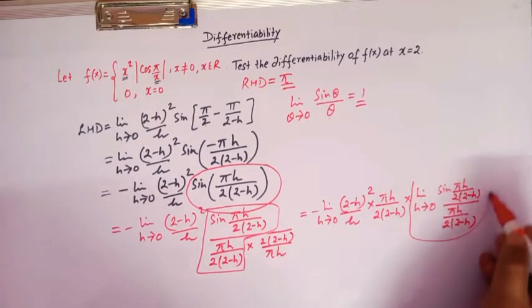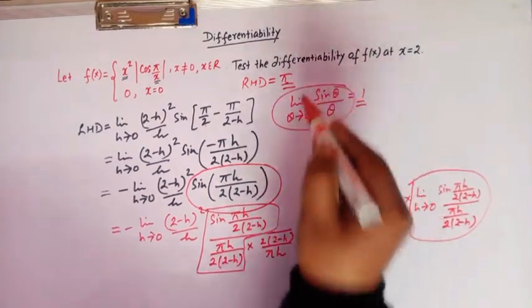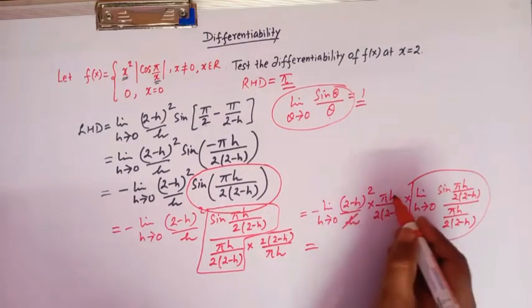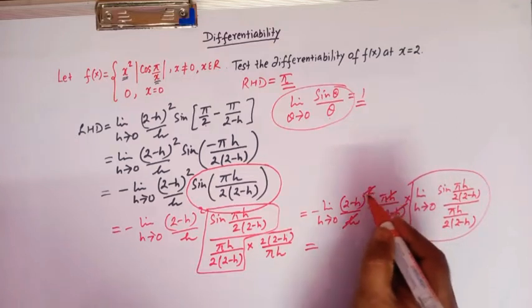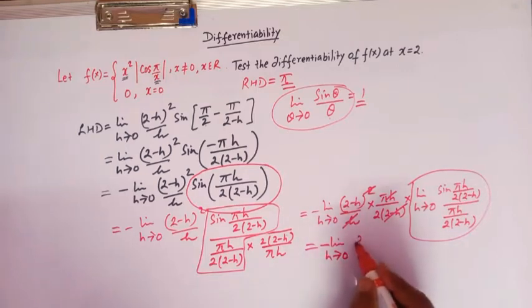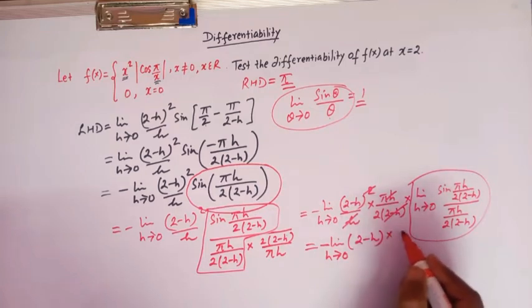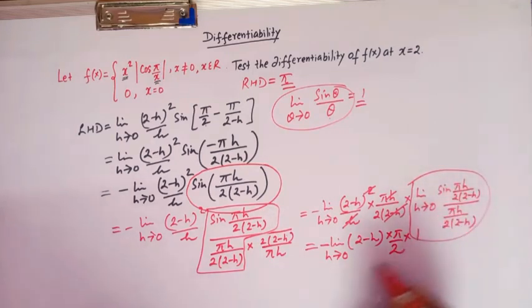Now this limit is equal to 1 because of this formula, and here see h and h get cancelled, 2 minus h and 2 minus h factor get cancelled, so we have minus limit h tends to 0, 2 minus h multiplied by pi over 2, and here the value of this limit is 1.